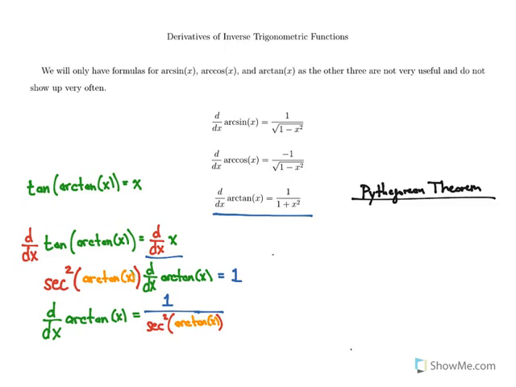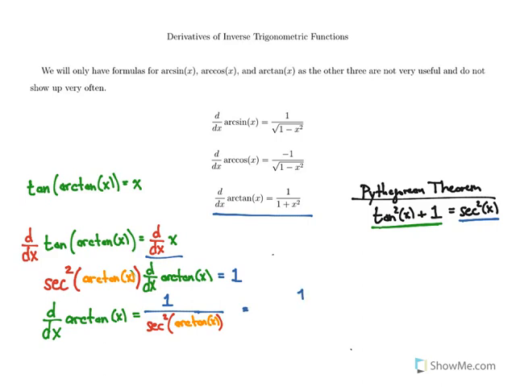In this case, we're going to use the Pythagorean theorem that tangent squared plus 1 is equal to secant squared. So I'm going to replace secant squared with tangent squared plus 1 in that expression.